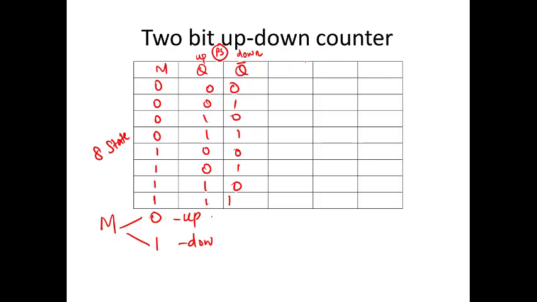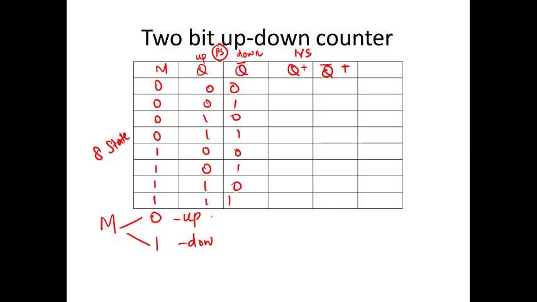That is your present state. Coming to your next state, let it be Q plus and Q bar plus. If my current state is 0 0 and my mode bit is 0, it means an up counter.